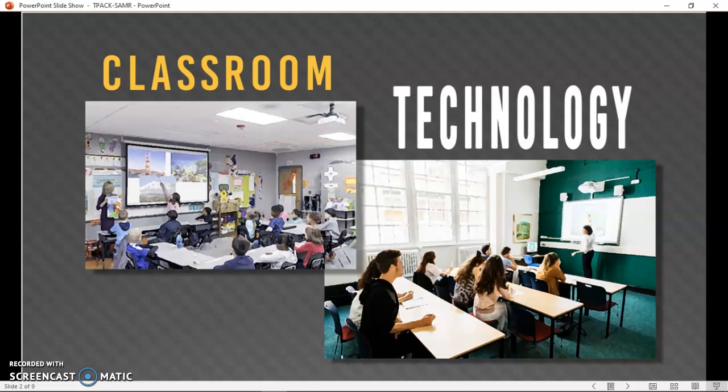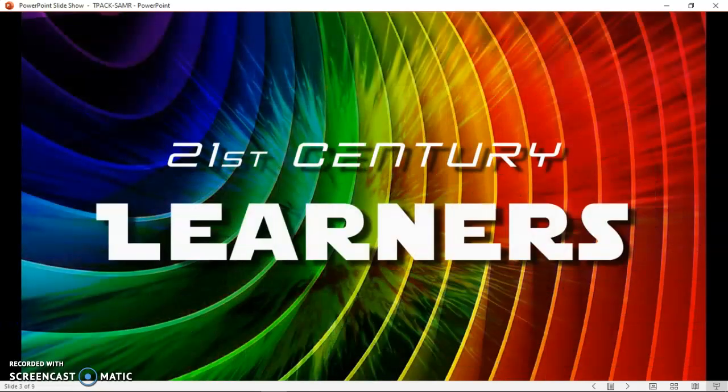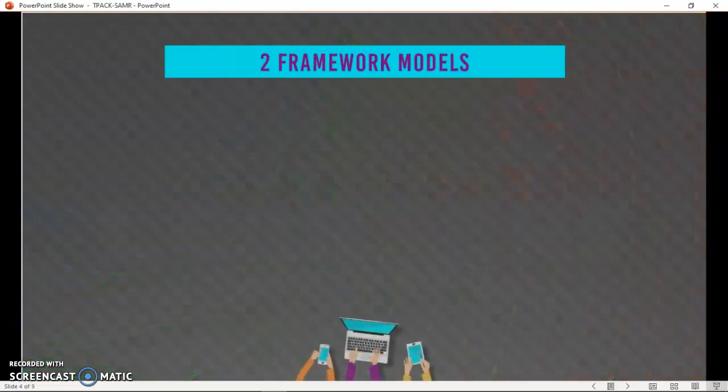If we want our students to become true 21st century learners, we need to be certain that the technology that is incorporated into the classroom is giving the students learning experiences that would have been impossible without the technology. There are two framework models that can help to integrate technology into our lessons and ensure that the technology is increasing learning and critical thinking.